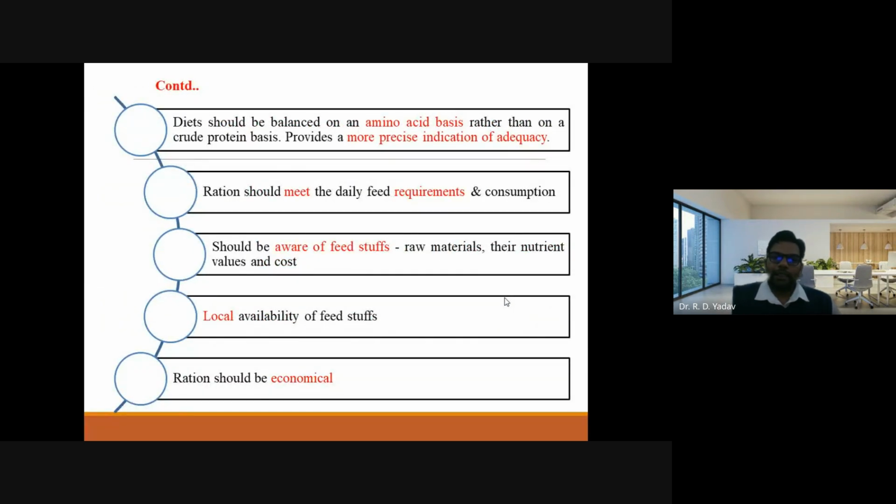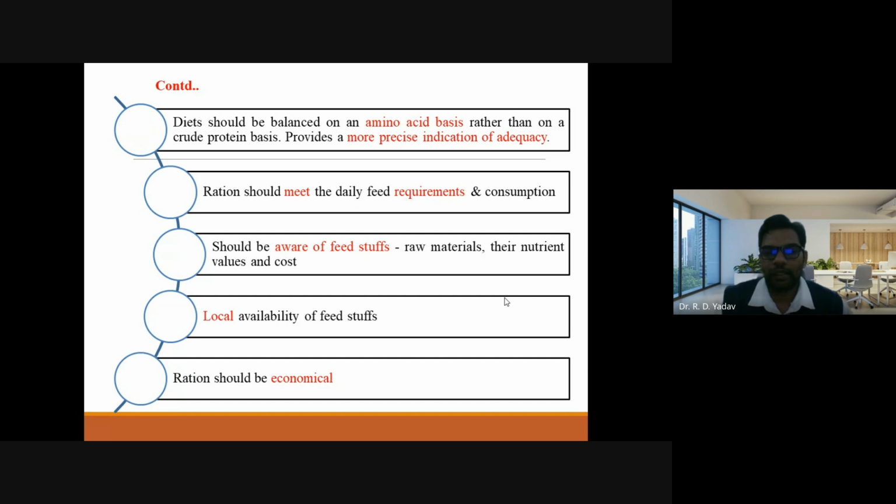Again, the diet should be in proper balance in terms of amino acids also, and the other characteristics of the ration should meet the basic and daily requirements and consumption.